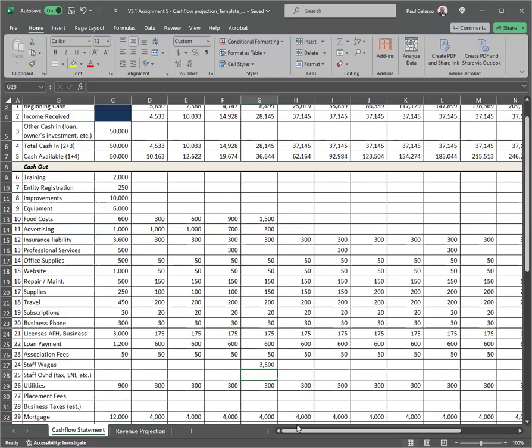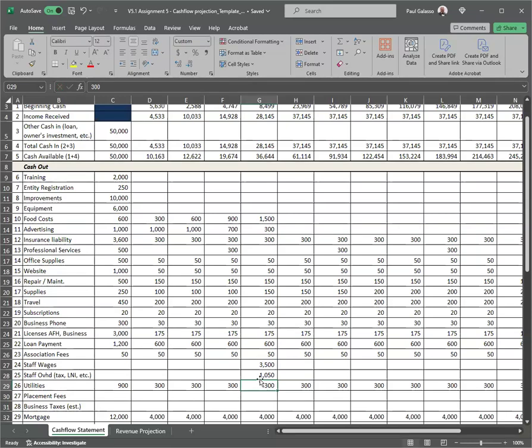$3,500. In order to figure out how much that is, you can manually edit it, or you can use the cell formulas. So you're going to take 3,500, or this cell, which is cell G27, and we're going to multiply that by 0.3, which gives us 30% of $3,500, which is $1,050.